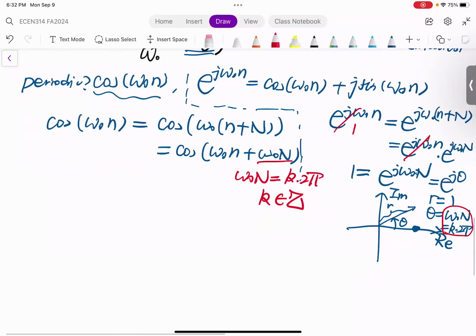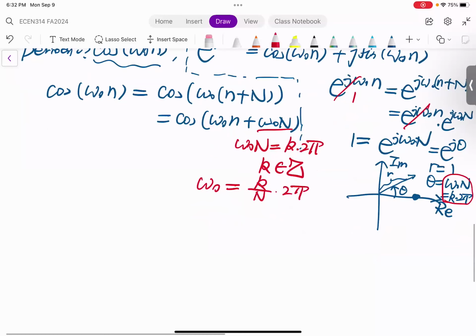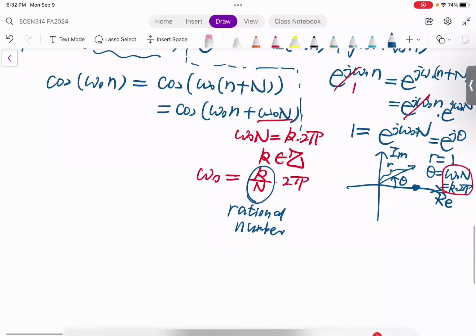So if we rearrange both sides, we'll find that omega naught has to be k divided by N times 2 pi. Let's look at it. This means that k is an integer, N is an integer, so the ratio is a rational number. And then 2 pi is an irrational number that cannot be represented as a ratio between two integers, okay?